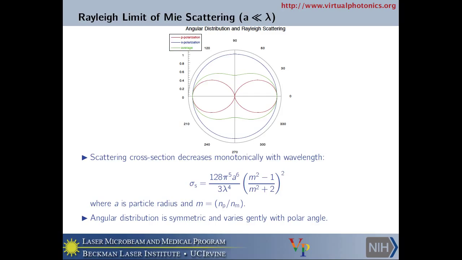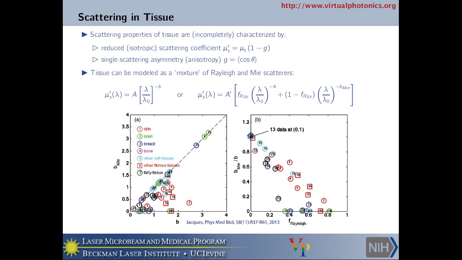And this is the classic explanation for why the sky is blue. You have all these very small particles in the atmosphere, and you scatter much more blue light than you do red light. So here the angular distribution is symmetric, meaning you have equal amounts of forward and back scattered light, and it varies gently with polar angle.